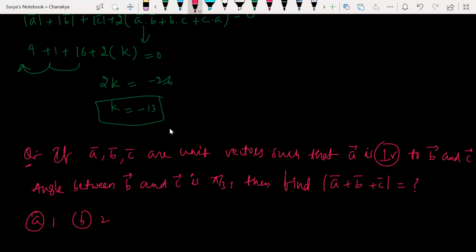What is this symbol? Perpendicular. Make it fast. Let's see who is going to give the first answer.